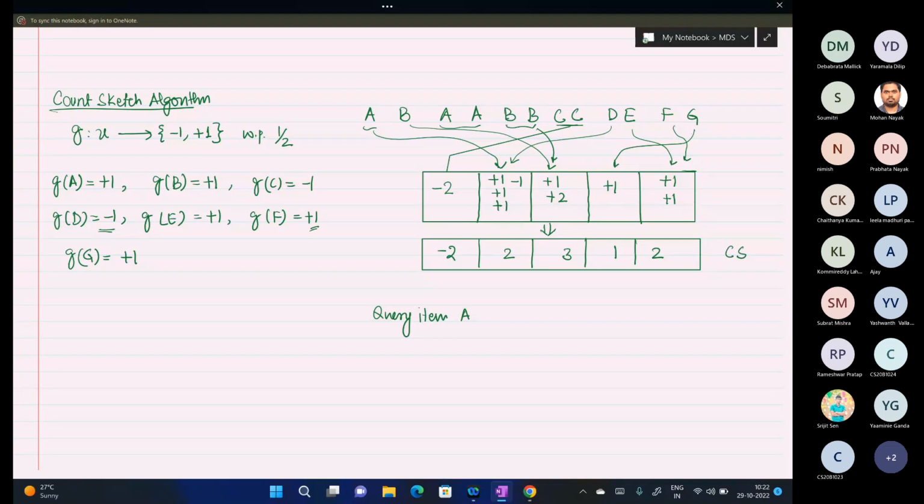Then we report the frequency of A as G of A, whatever sign the query item has, times the value in the same bin in which A is mapped. A is mapped in this bin, and G of A is +1. So we'll report the frequency as +1 times 2, and this will be 2.